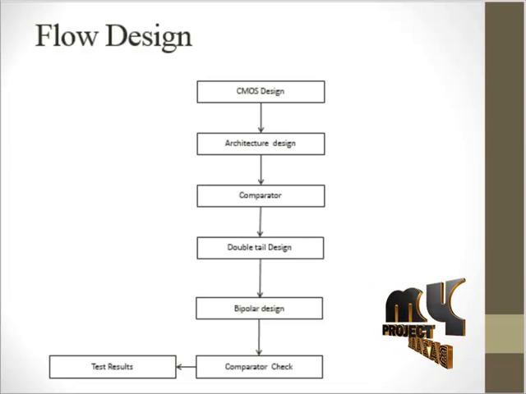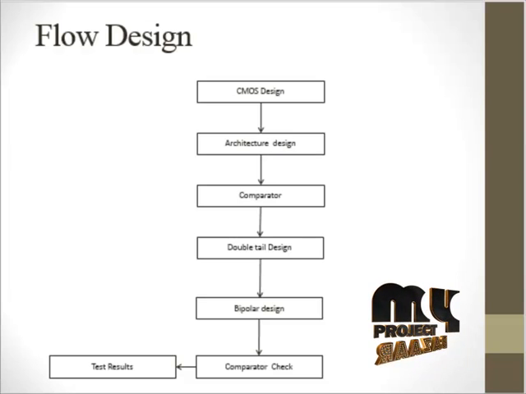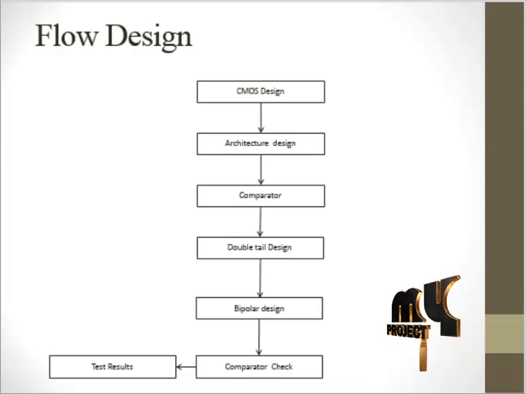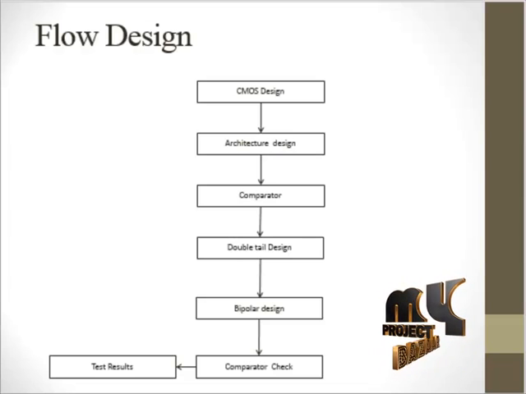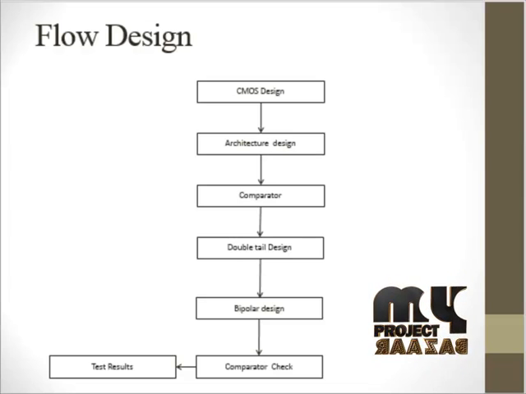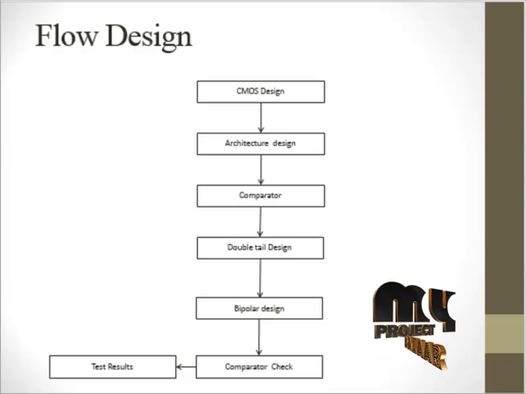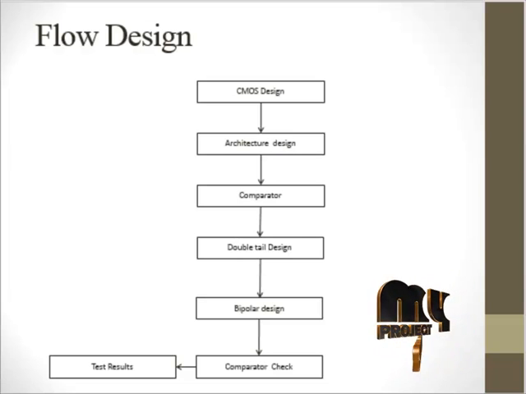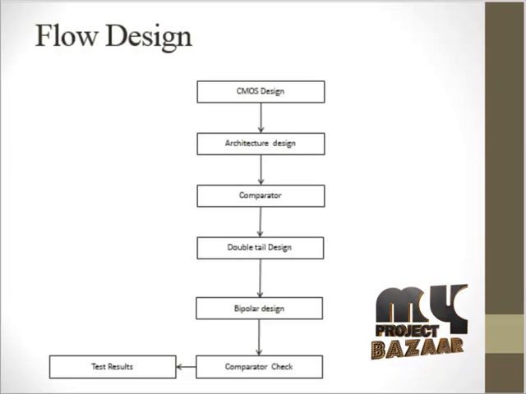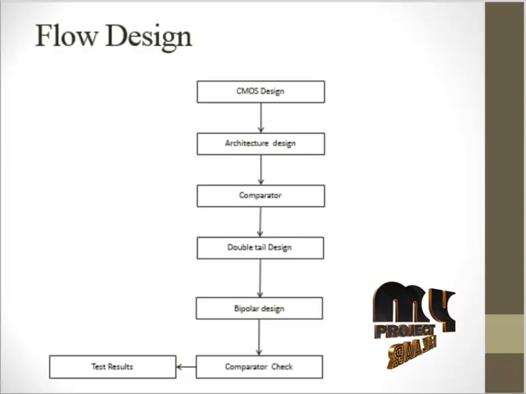First we give the PMOS connections in parallel, without the clock, and with the clock input we get some sampling output and the comparison process. In this comparison process we give the inputs A and B. If A and B are equal, we get a high output, which means 1.